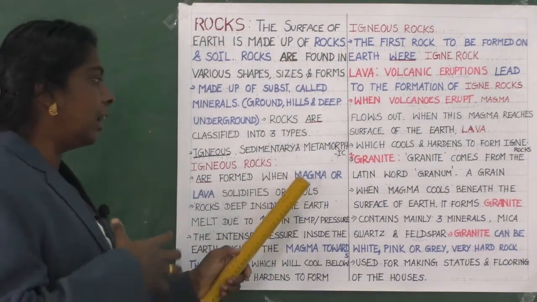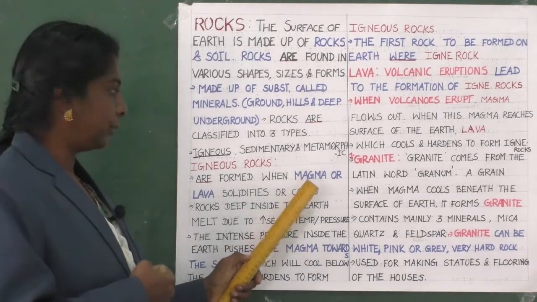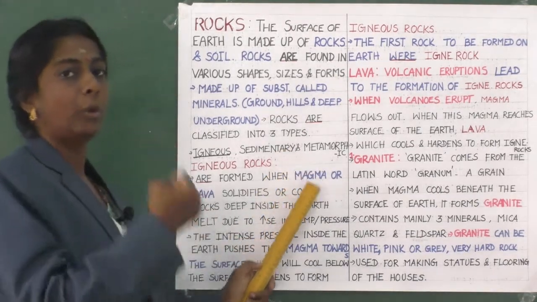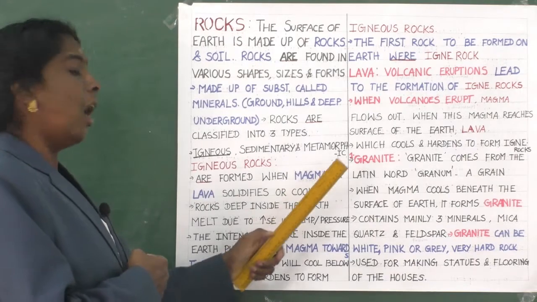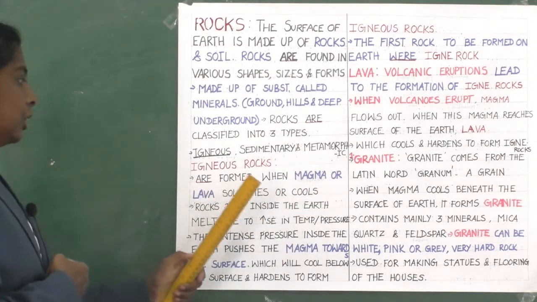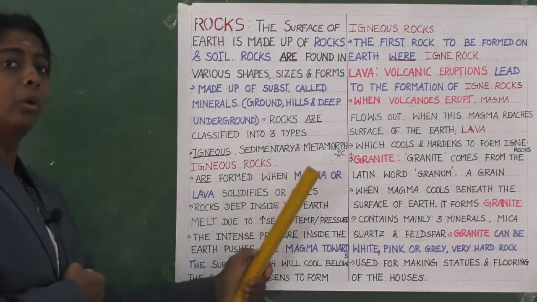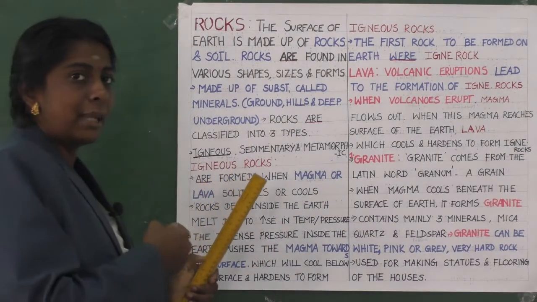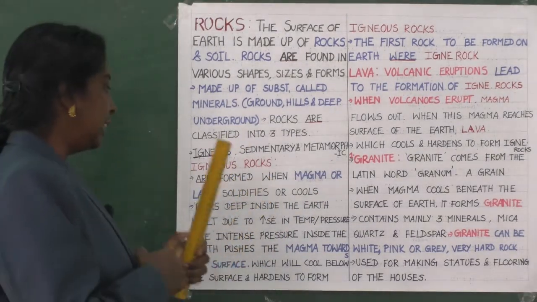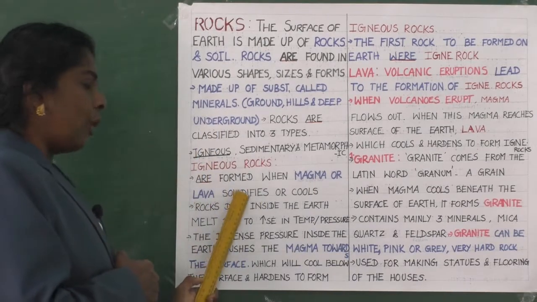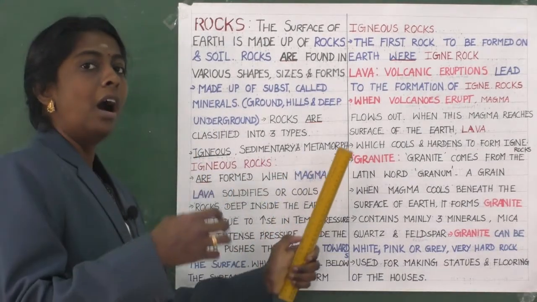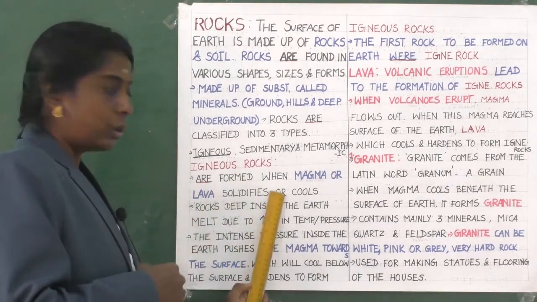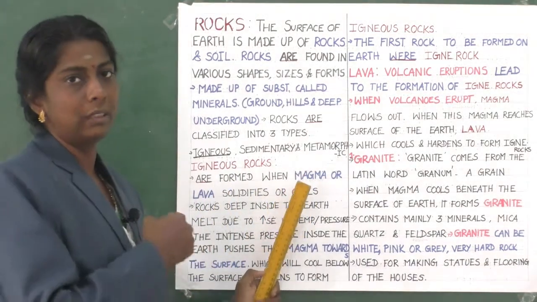Magma is nothing but hot liquid rock. Once again, they are formed when magma or lava solidifies or cools.